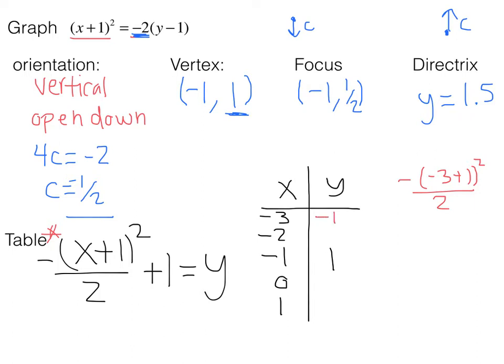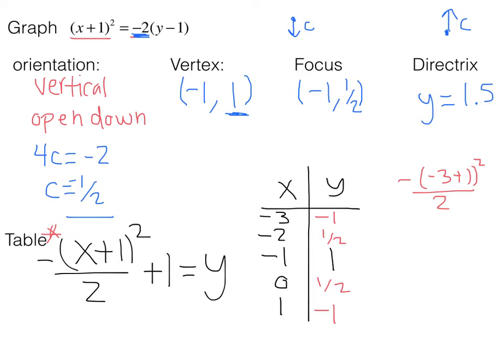And then when I plug in negative 2, I'm going to end up with 1/2. When I plug in 0, I'm going to end up with 1/2 as well. And when I plug in positive 1, I'm going to end up with negative 1 again.